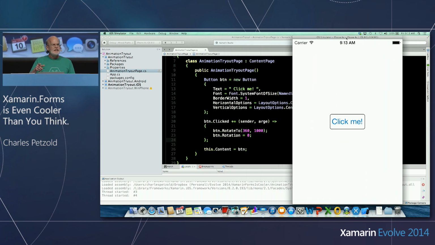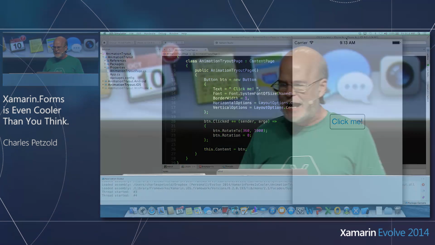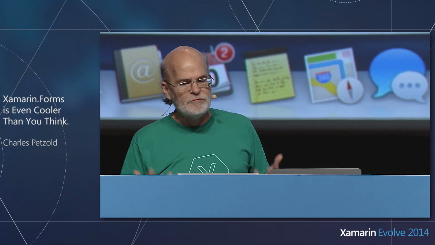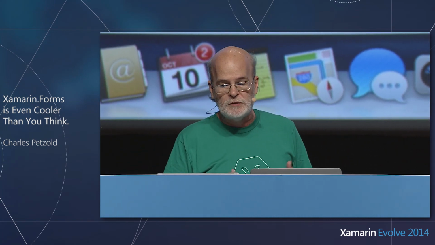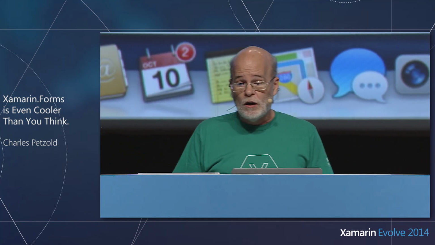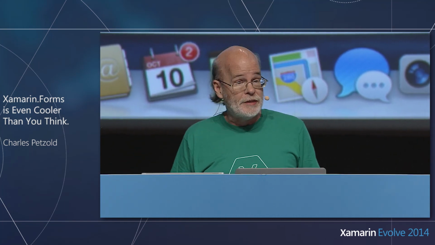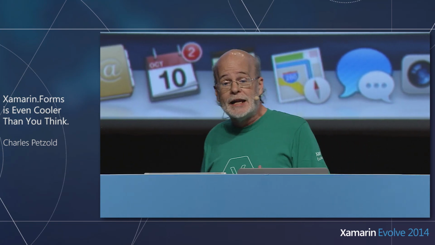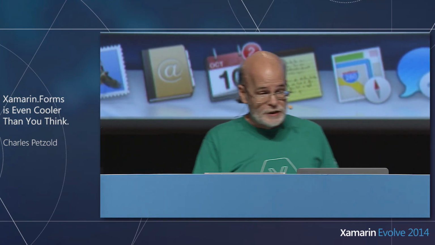Did I mention that these methods are asynchronous? I forgot to mention that. They return task objects, actually task of bool to indicate if the animation was terminated prematurely or allowed to continue running to the end. That means we should be allowed to use await with them. And obviously, anything that you can use await on has some degree of coolness involved.